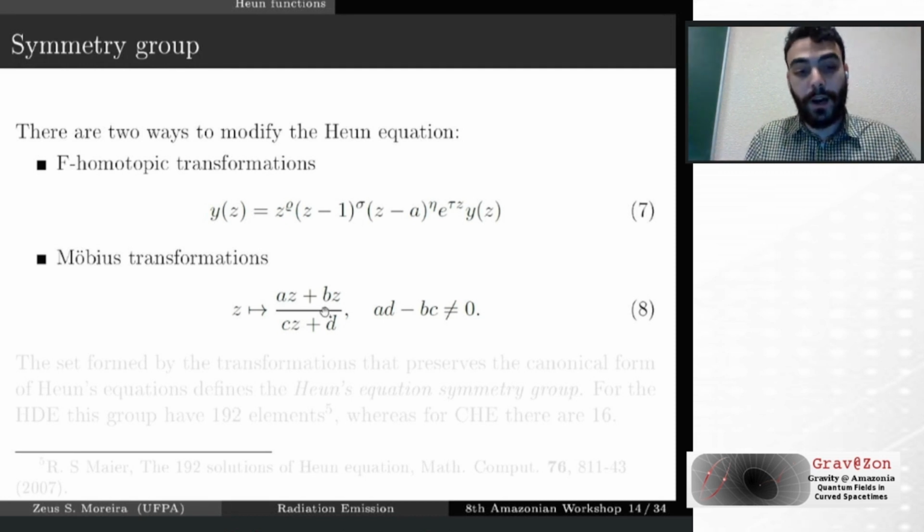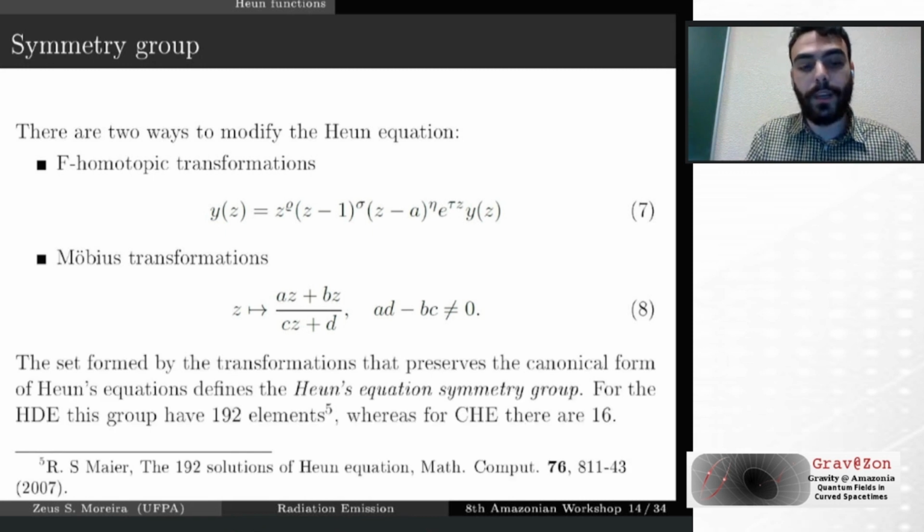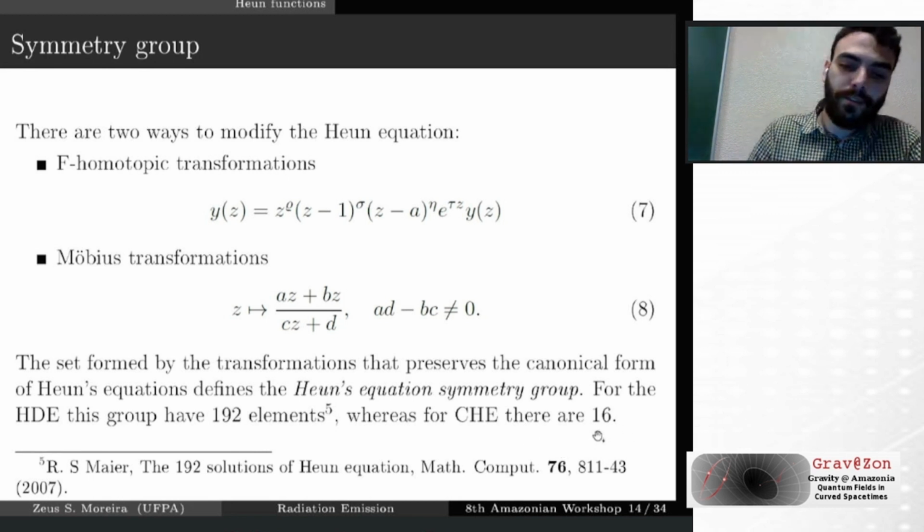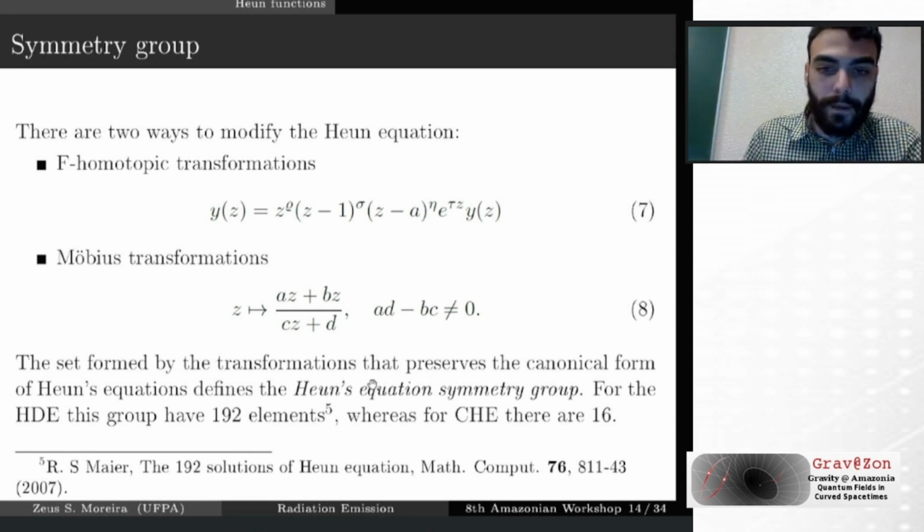If you collect all the transformations that leave the Heun equation in the canonical form, you form a set that is actually a group, and this group is called the Heun equation's symmetry group. For instance, for the Heun differential equation, this group has 192 elements, and for the confluent case, the group is much smaller. It only has 16 elements, and these will also make a big part in our work.